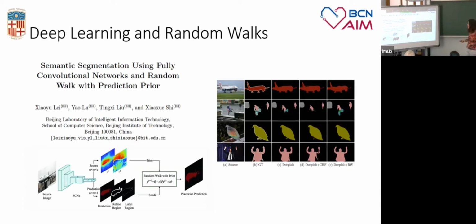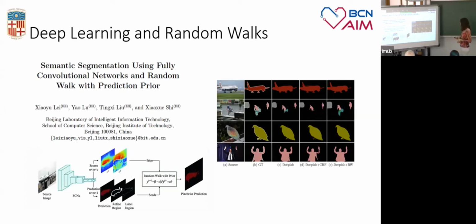They obtain this probabilistic map. The seeds are automatically obtained using also the regions and the confidence map. So you are able to obtain the random walks from the deep learning instead of using the simple methods that I used.